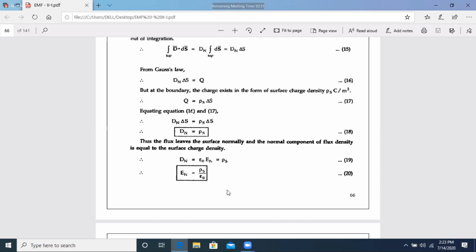What's the formula for finding D tangential? We found D normal 2 already, and E normal 2.